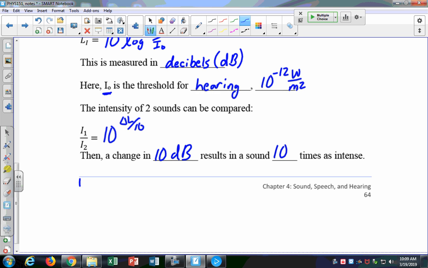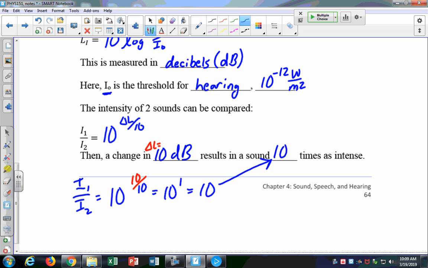So I1 over I2 is equal to 10, and then my delta L, which is 10 decibels, divided by 10. So that's 10 to the first power, which is 10, and that's where that 10 comes from.